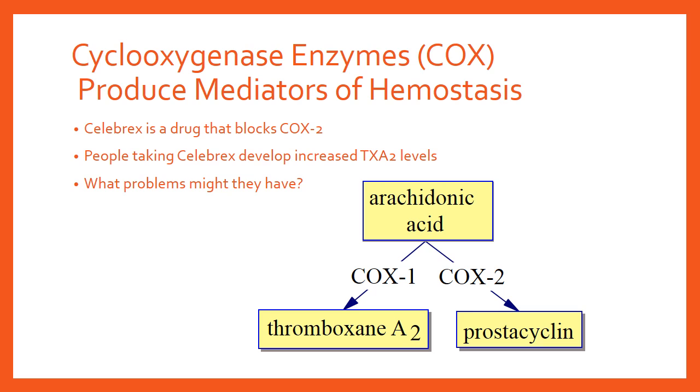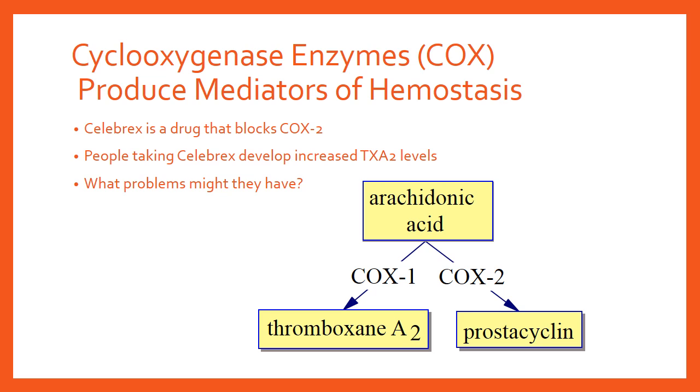So what happens is that an increase of thromboxane A2 results in the development of a clot. That's why the prescription of Celebrex is somewhat limited, or was very limited a few years ago, but now it's picking up again, although there are strict regulations to inform patients about possible side effects and increased risk for stroke and heart attack. Of course, as an anti-inflammatory drug, it works great.